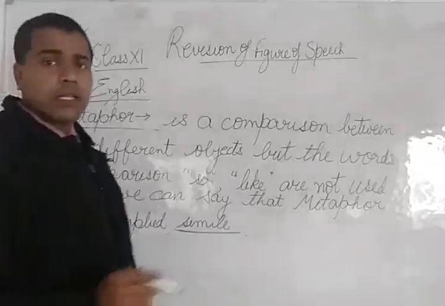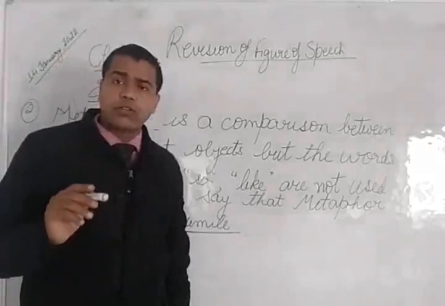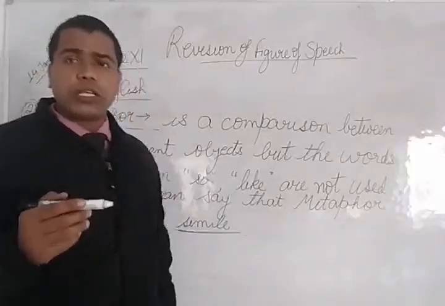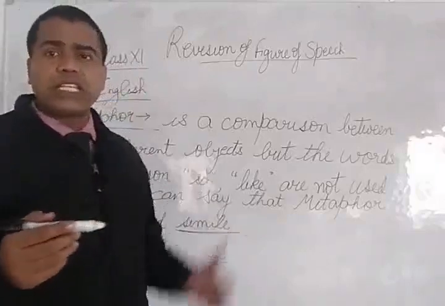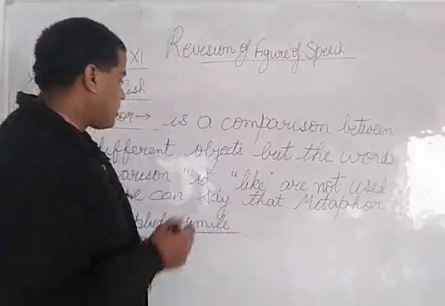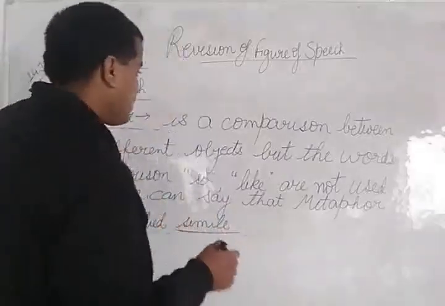Implied simile means the simile which is not being seen, which you cannot use in the original sense. It is the sentence in which you will not use the word of comparison.